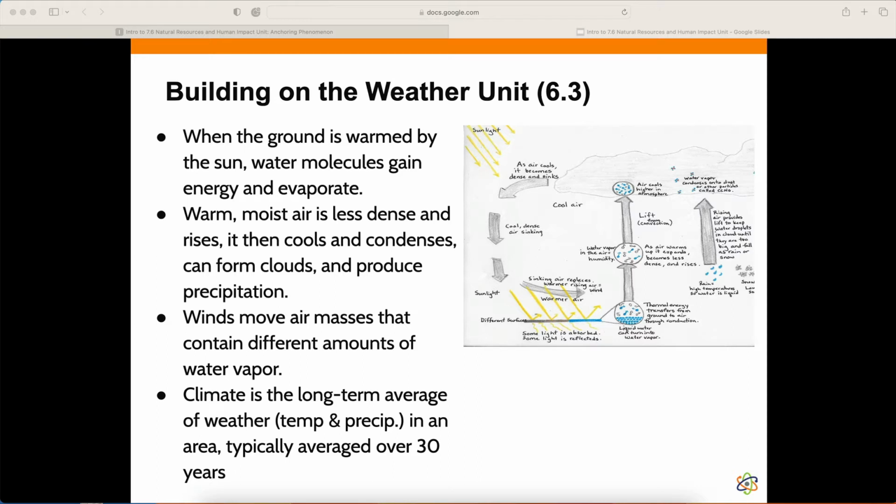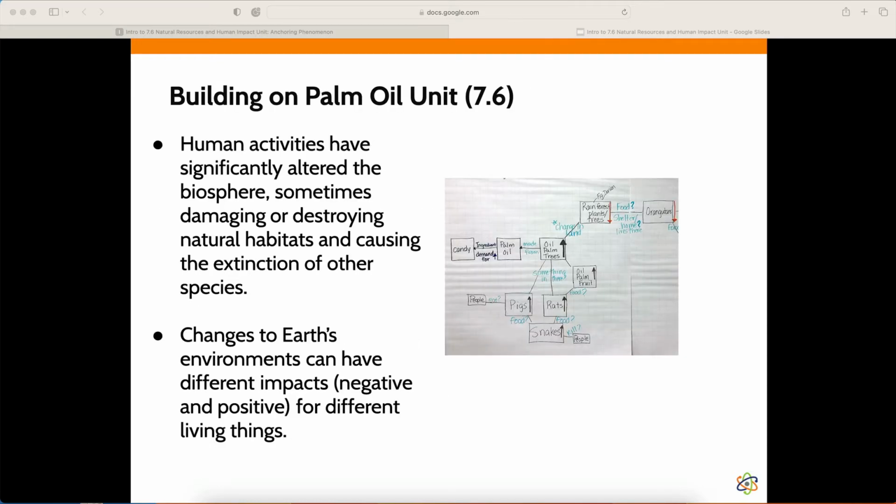And it's really these ideas about when the ground is warmed by the sun, water molecules gain energy and evaporate. Warm, moist air is less dense and rises. It then cools and condenses. It can form clouds and produce precipitation. Wind moves air masses that contain different amounts of water vapor, and climate is the long-term average of weather in an area, typically over 30 years.